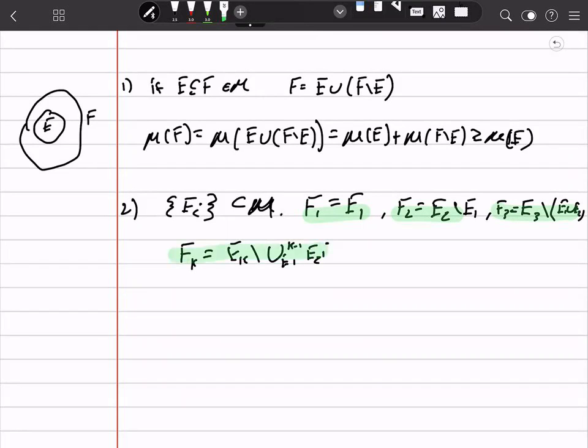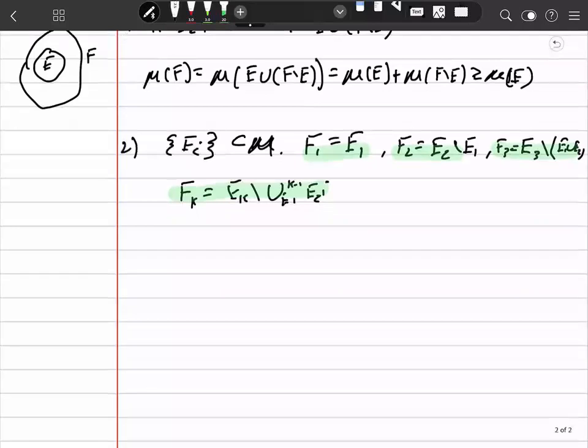So Fk is equal to Ek minus the union from i equals 1 to k minus 1 of E sub i. Some things to note are that F sub j intersect F sub l is equal to the empty set. So these are actually pairwise disjoint if j is not equal to l.